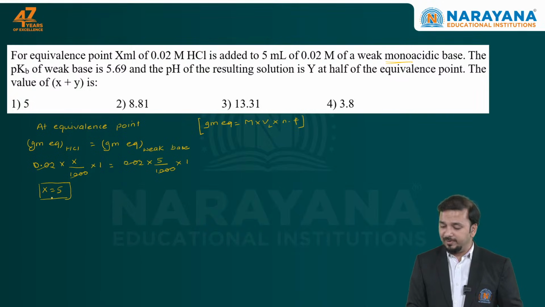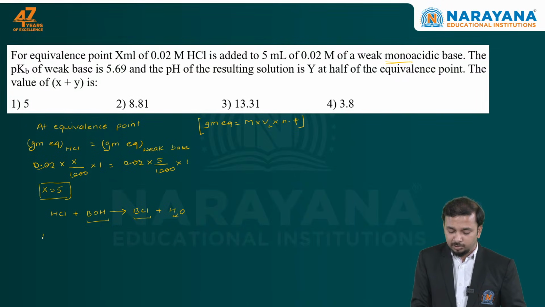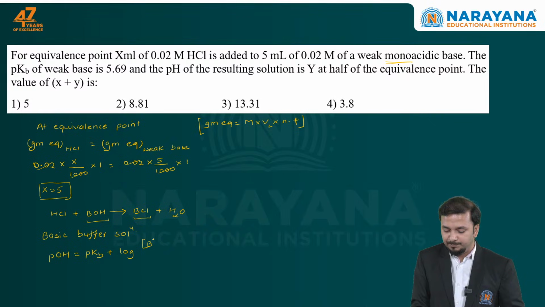Second, we are having a solution. So now HCl plus, let's say, weak monoacidic base BOH. When they are reacting it will form BCl plus H2O. And at half equivalence point, we have BOH and BCl. And this solution which is formed will be a basic buffer solution, for which we know pOH is equal to pKb plus log of concentration of B plus upon concentration of BOH.